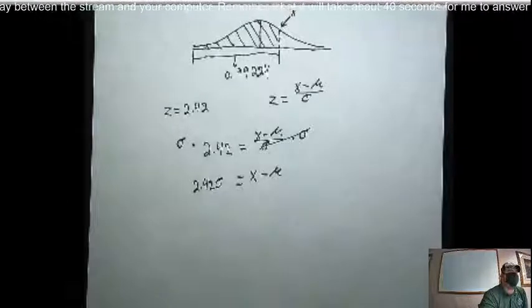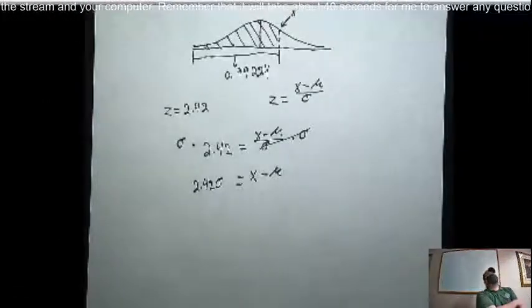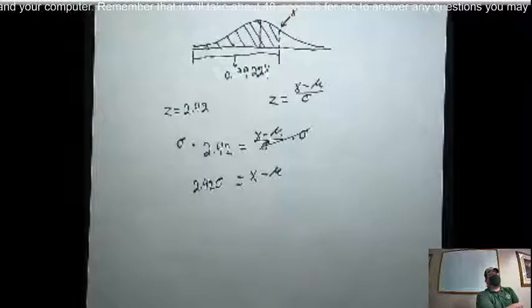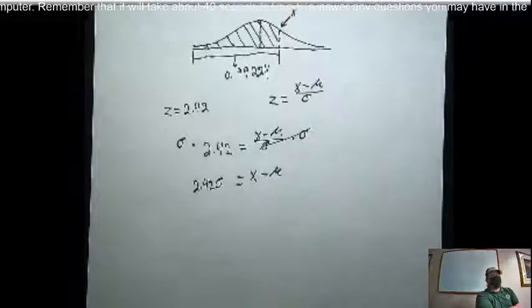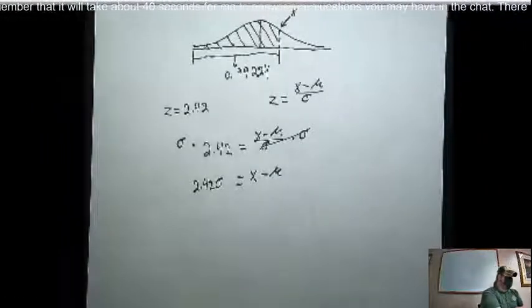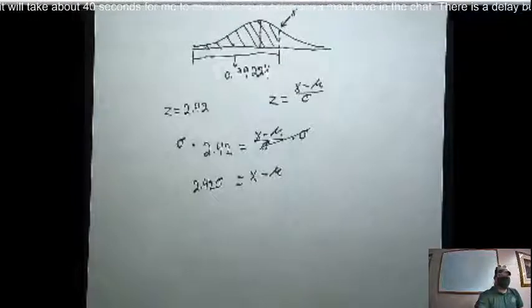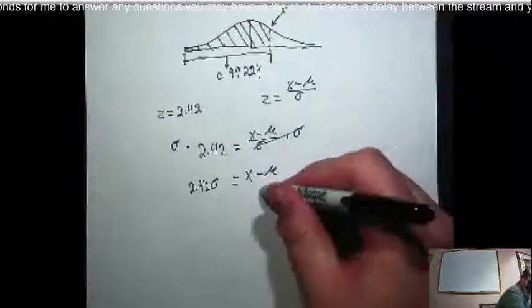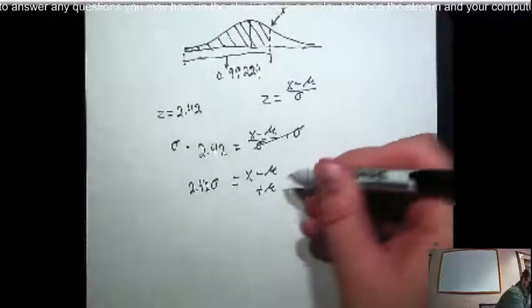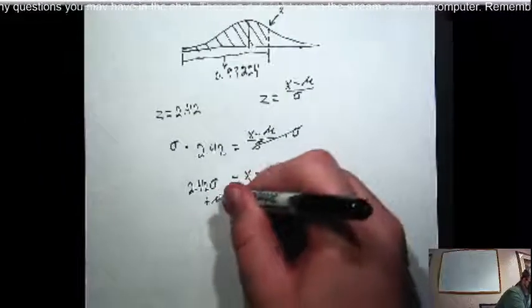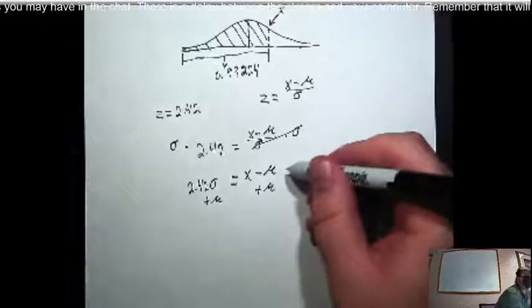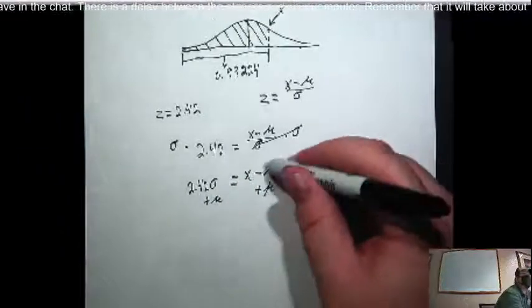All right, well, we're getting close. And we want x by itself, but right now we have x minus mu. So how do we get rid of mu? Well, what's the opposite of minus mu? Yeah, plus mu. So plus mu to both sides. That will cancel here since these are opposites.